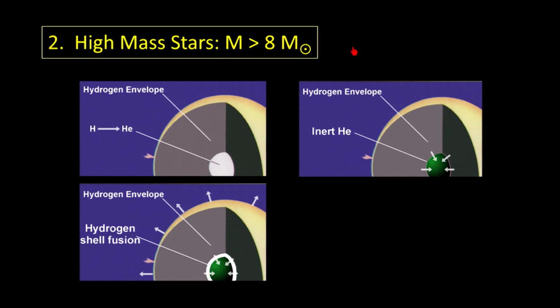If the star is too massive, its energy production will literally blow the star apart and it will not be able to be a star. But there are stars out there that are more than 100 times the mass of the sun, and they're able to exist as stars. So we're not really sure what the upper limit is. But what we do know is that a high mass star must be greater than 8 times the mass of the sun for a particular reason, and we'll get to that here in just a second.